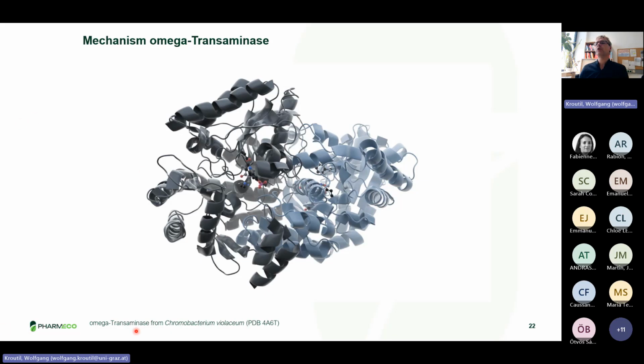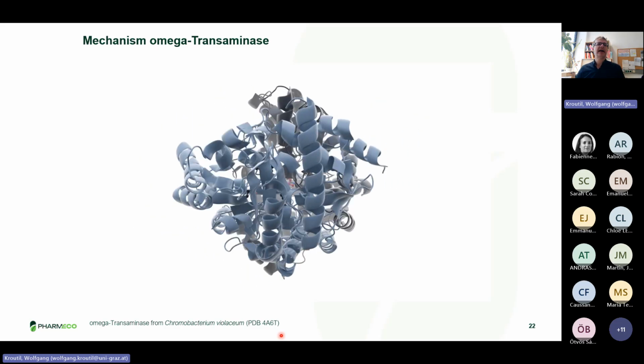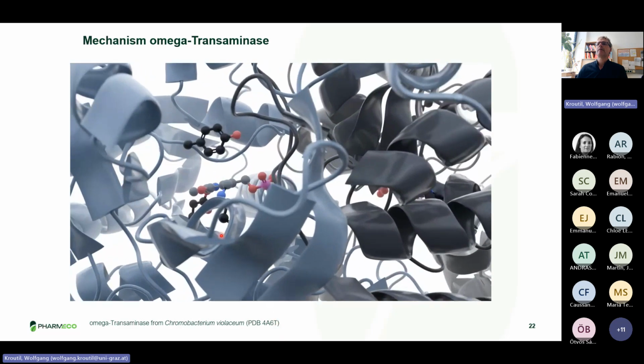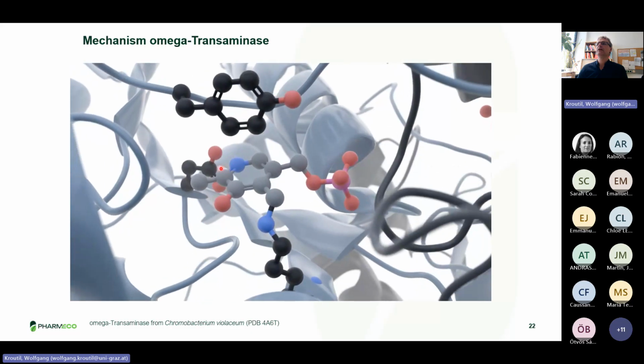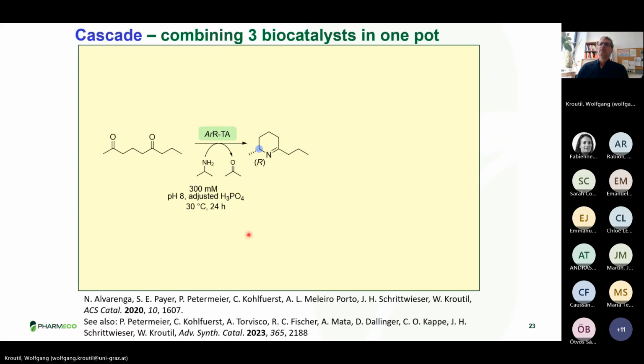And we used here one from Chromobacterium violaceum. What you see here is a dimer, and in the active site there is a PLP, pyridoxal phosphate, bound to a lysine. Taking this and another enzyme, we could access both enantiomers, depending on the selected enzyme, and in that case we used isopropylamine as a donor.